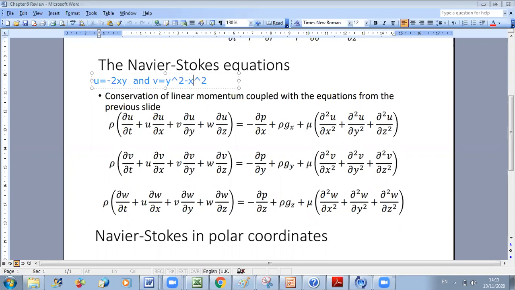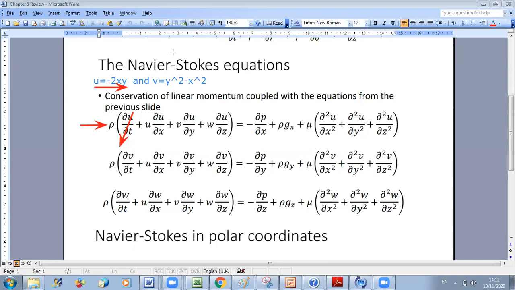Now I will begin by applying the linear momentum equation along x. First, as you can see in your function, u is only a function of x and y, so it's independent of t. So del u by del t will cancel out. It's 0.